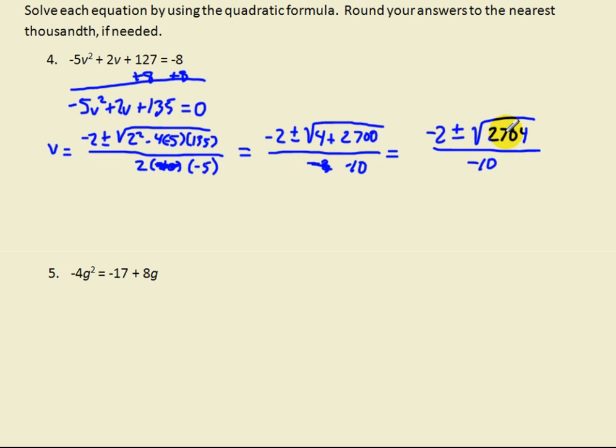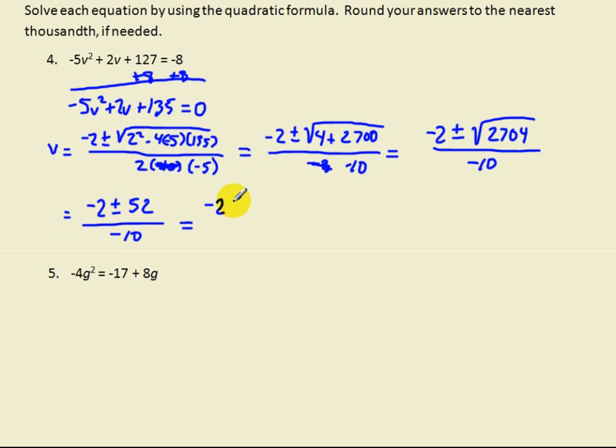And it turns out 2704 is also a perfect square. We got lucky again. So this is equal to negative 2 plus or minus, and the square root of 2704 is 52 all over negative 10. So now we can break this down into two solutions.